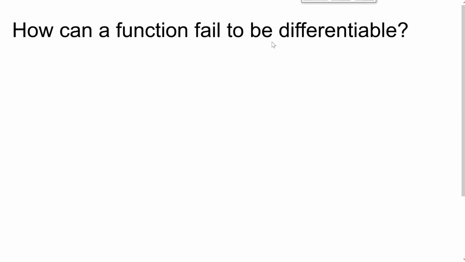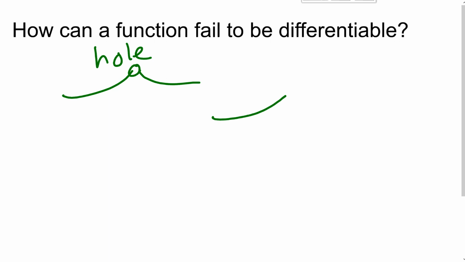So how can a function fail to be differentiable? That means it's not continuous. So if it's not continuous, then it's not differentiable. So just like your test in the last chapter, where is it not continuous? Well, that means if we have a hole, if we have a jump, or if it can be filled in right here as well, and it's still a hole.